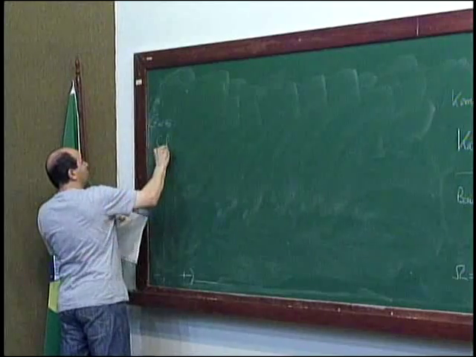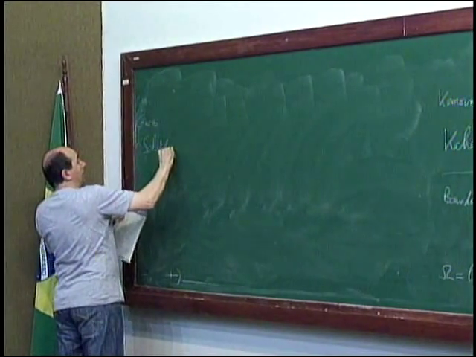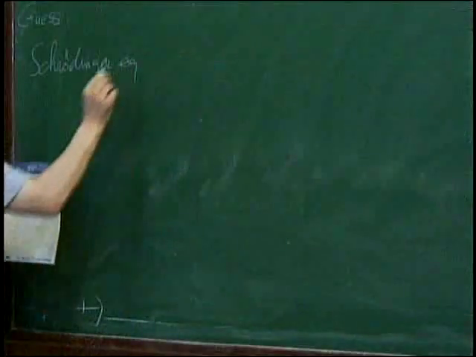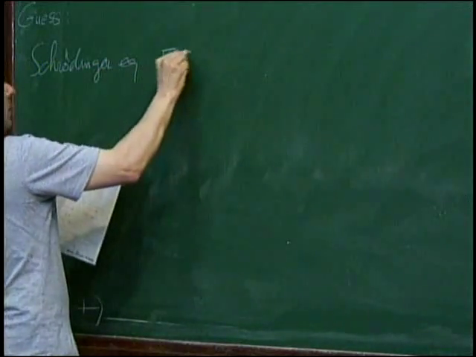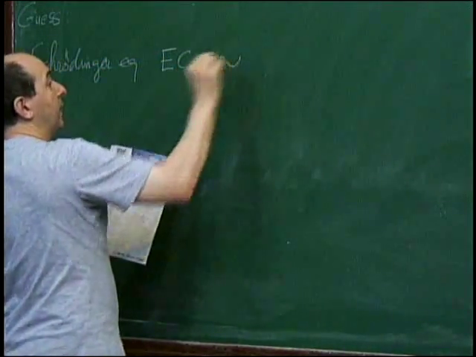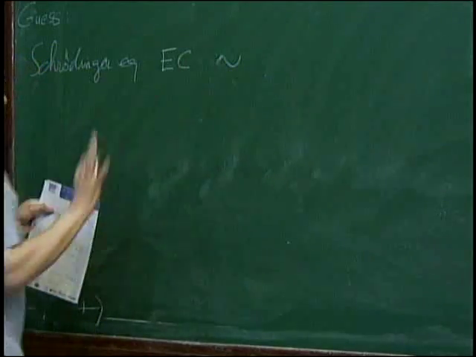So the Schrödinger equation probably is controllable, exactly, if and only if, but it is not a theorem, so I just write this symbol.